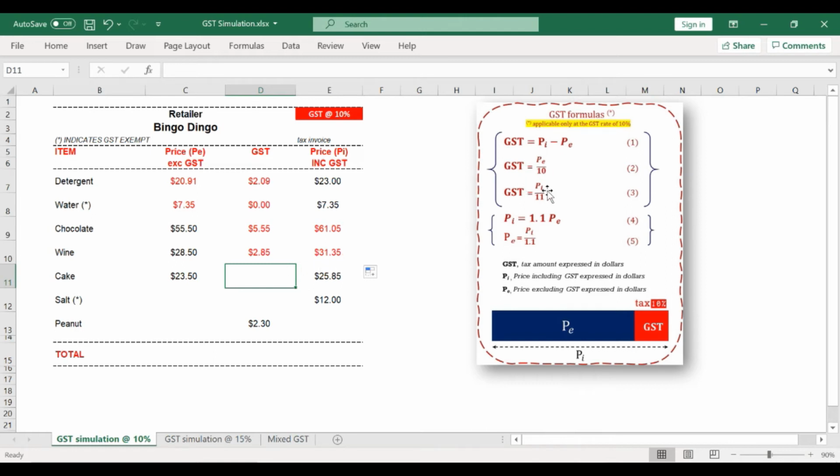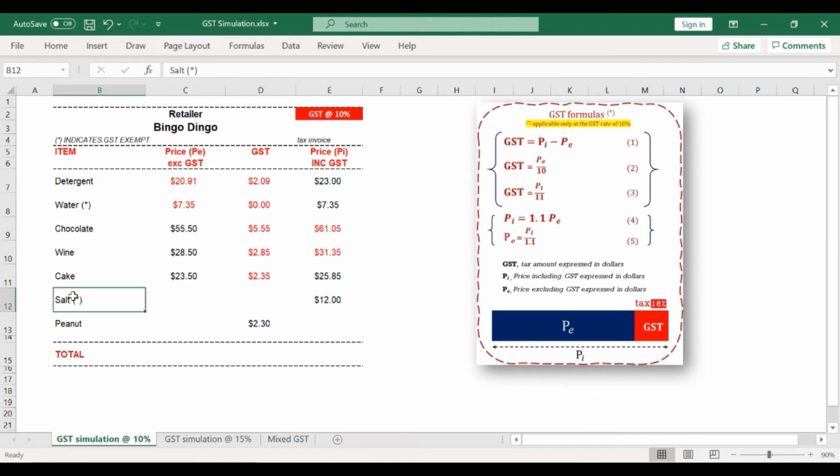Number three states that if I simply divide E11 by the number 11, I get the GST amount. So we reflect that by simply typing equal and then E11 over the number 11. And it's $2.35.